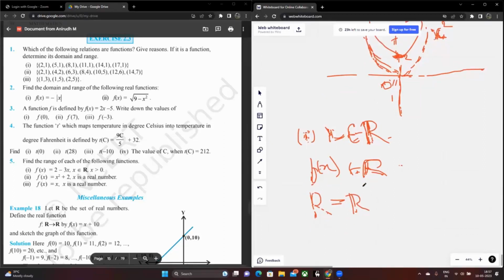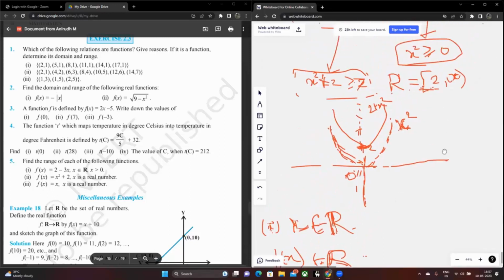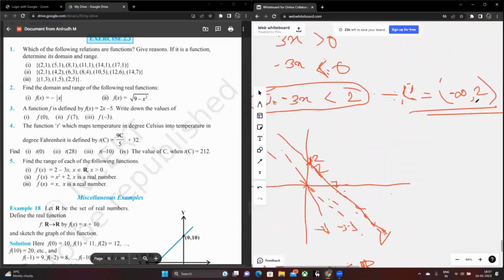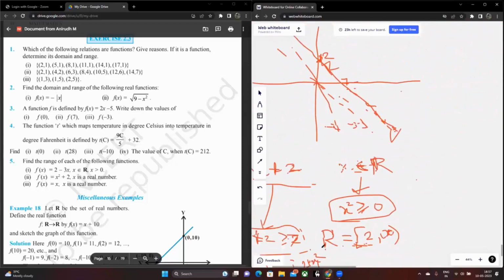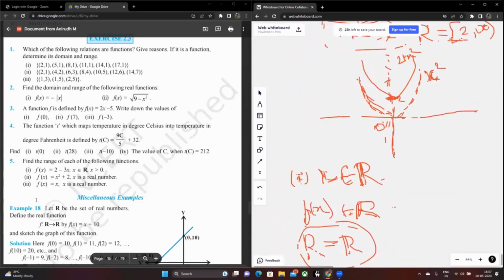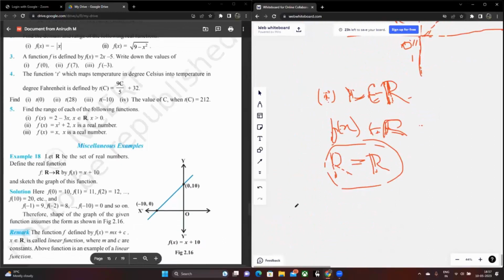That's your answer to part 3. For part 2 the range is 2 to infinity. For part 1 the range is minus infinity to 2. And for part 3, the range is the real number line itself. That finishes question number 5.